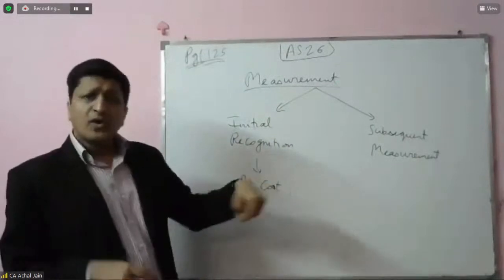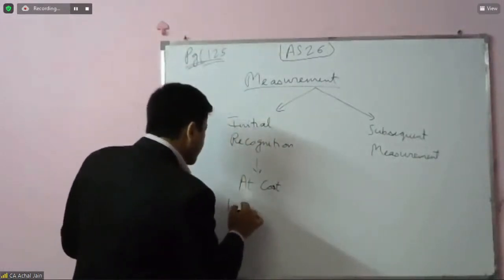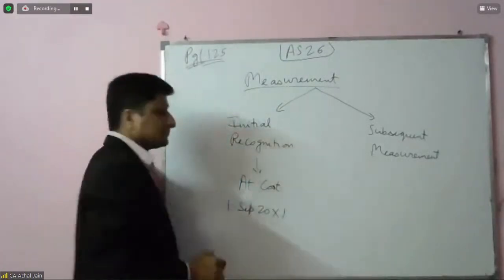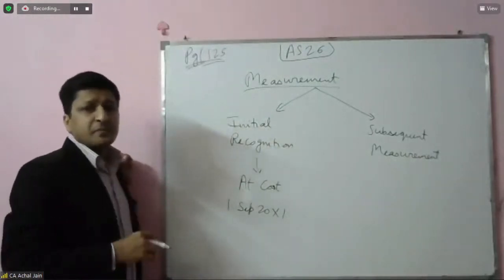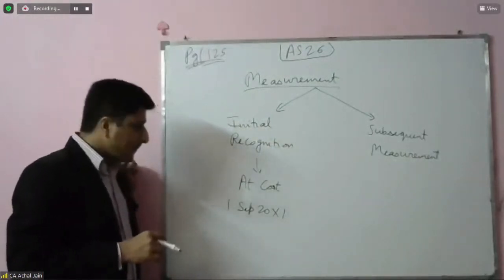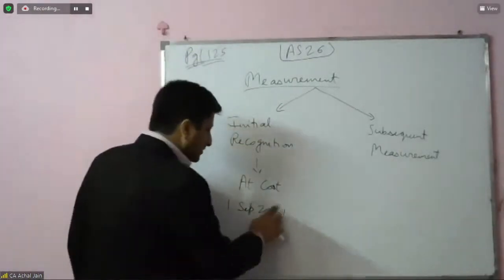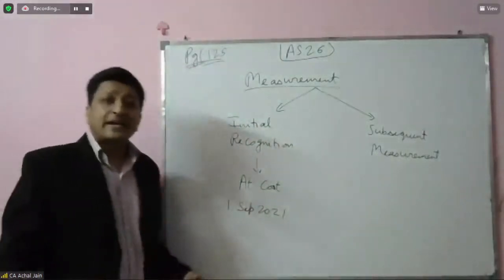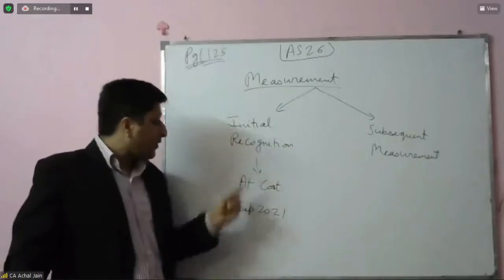Subsequently, what do you mean by subsequently? Say on 1st of September 2021, patent has been purchased. So on 1st of September 2021, when you purchased patent and you want to record this, what we call it as measurement at the time of initial recognition.